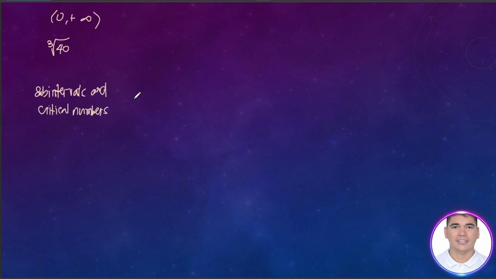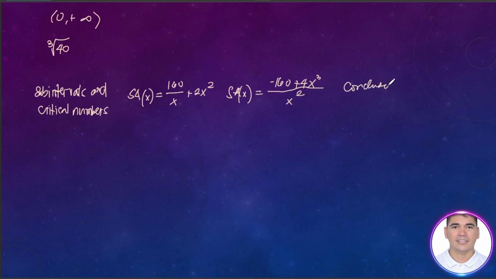The next column is our SA, which is our x equals 160 over x plus 2x squared. Next is the derivative of this one. Then the conclusion.